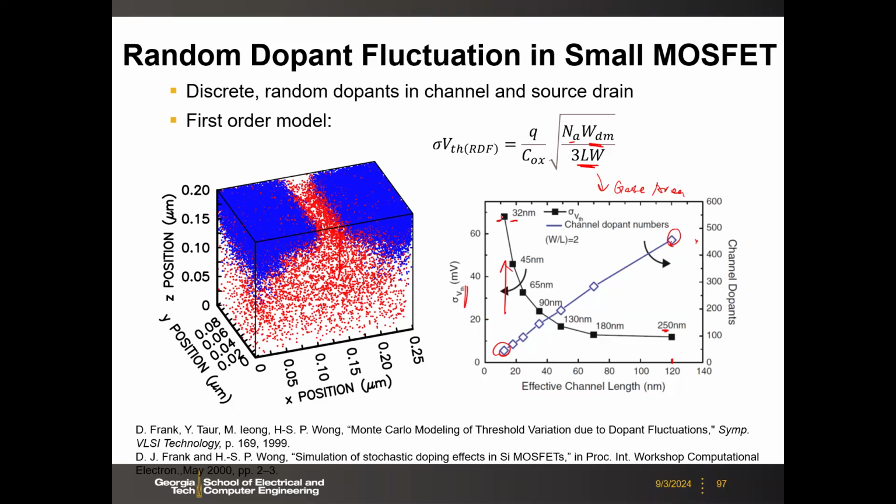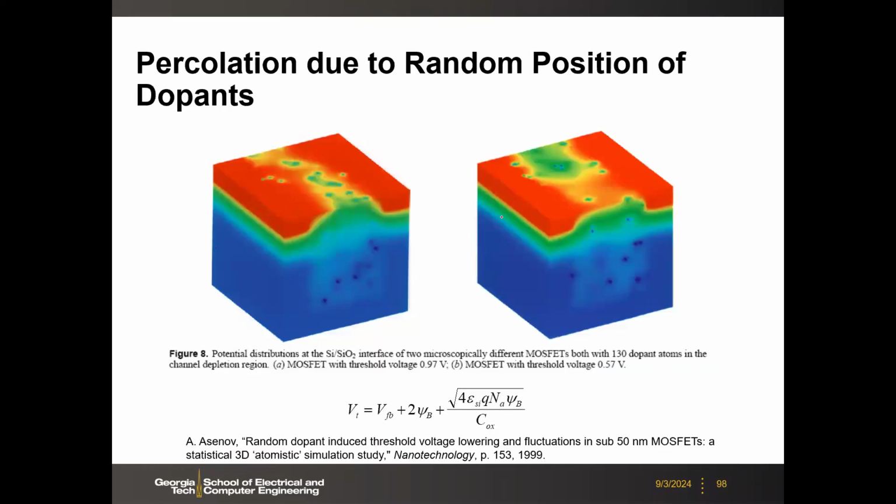So why will this discrete dopant impact the VTH? Let's look at some examples here. The location of the dopant matters. Why? Basically you need to understand what the dopant does for the band diagram. You have the band diagram of source and drain. You need to maintain the PN junction.